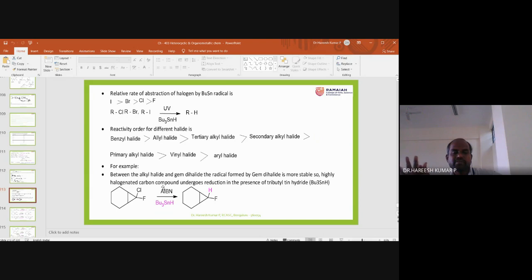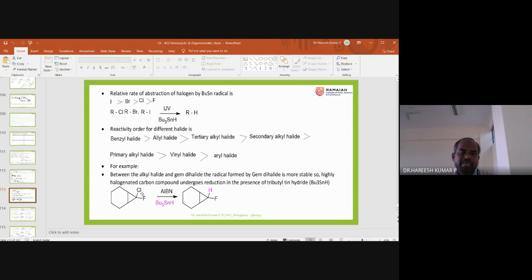If a substituent contains a gem halide, the gem halide undergoes reduction with tributyl tin hydride. So this is one example of a gem halide, because this carbon contains two halides.